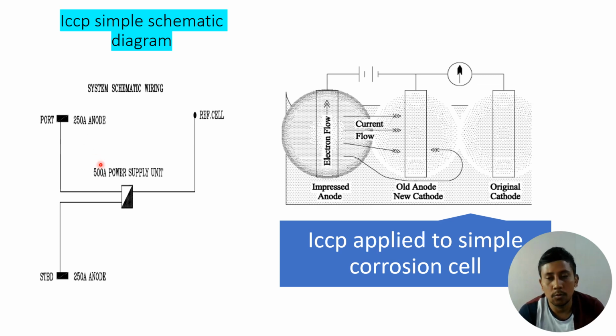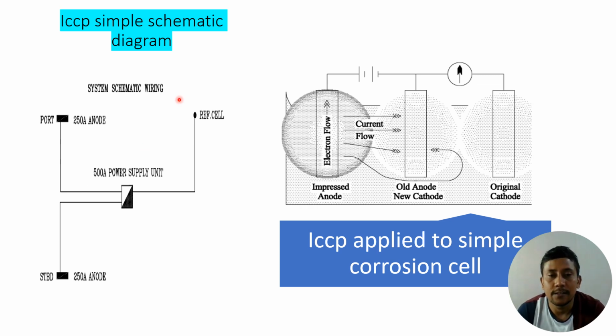And with the wetted surface area, we also need the size of the propeller and the size of the rudder to determine the total power supply unit required. And depending on the power supply unit, we need the anode capacity. We can decide how much capacity of anode we need by calculating the ship's wetted surface area, propeller and rudder size.